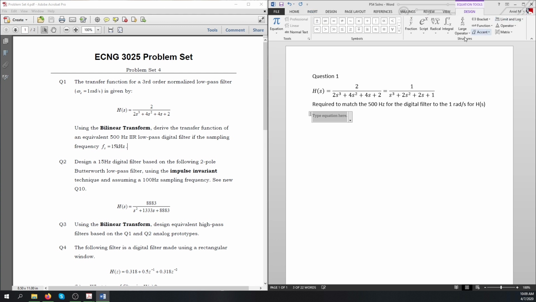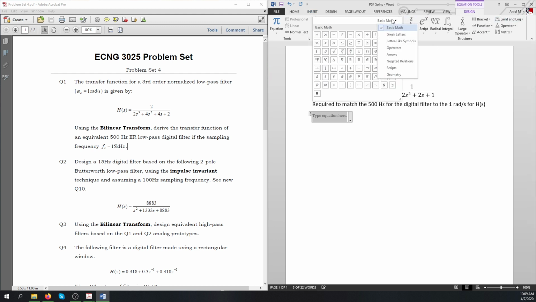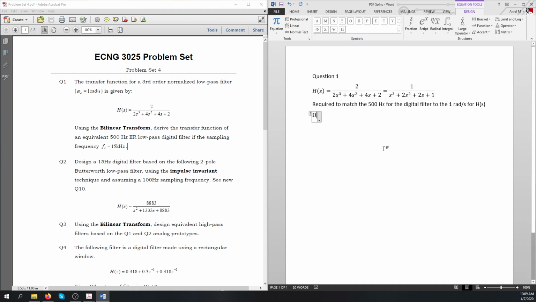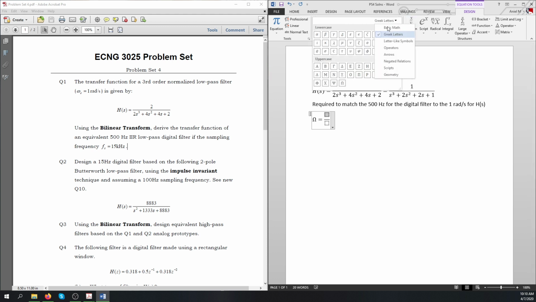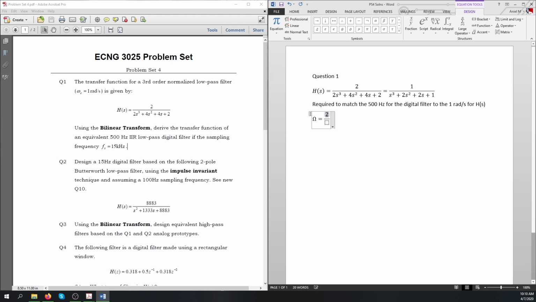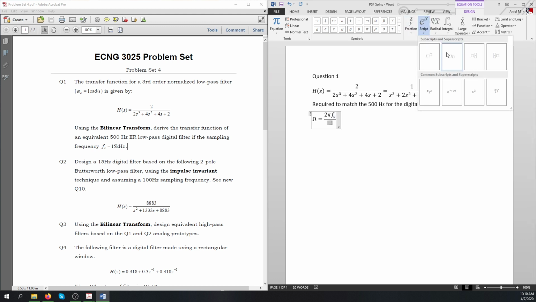So we know that if we need to find the digital frequency, which is capital omega, the associated equation is 2 pi fc divided by fs.